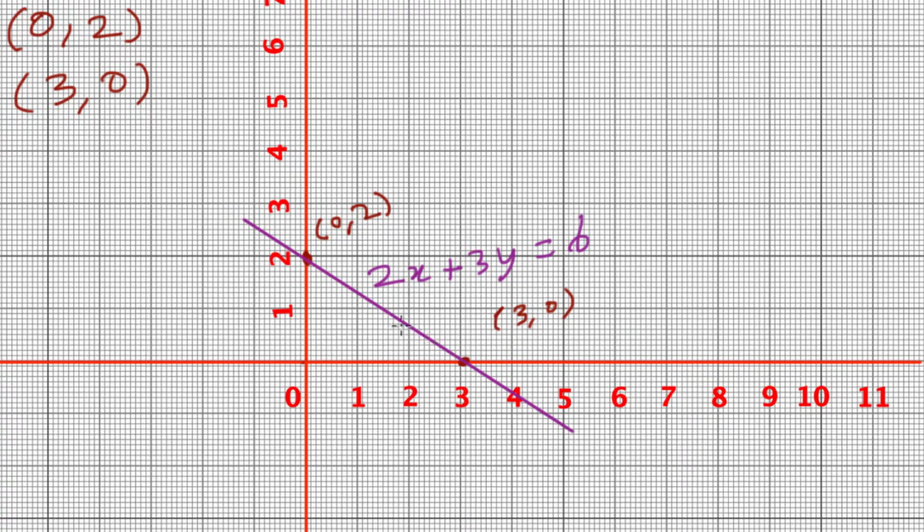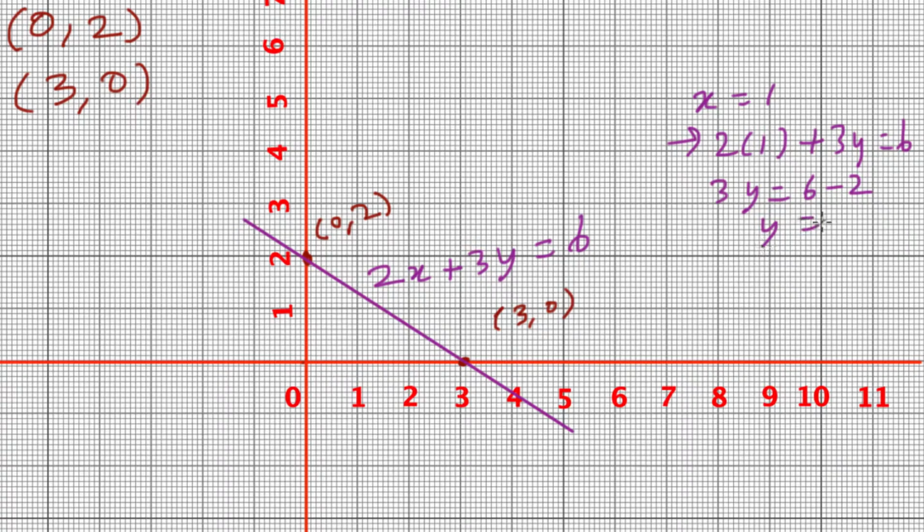And any point on this straight line is considered to be a solution for this equation. So if x equal to 1, then your corresponding y value will be from 2 times 1 plus 3y equal to 6, which is nothing but 3y = 6 minus 2.